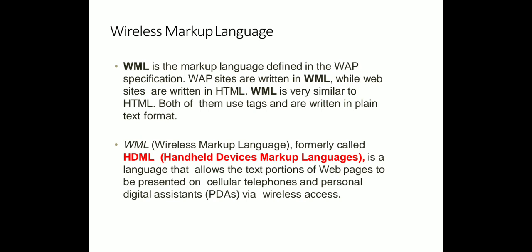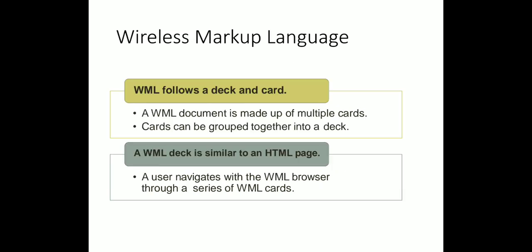So this is the language for handheld devices, right? So the WML name came into existence. WML is a language that allows text portions of web pages to be presented on cellular telephones and personal digital assistants, that is PDAs, via wireless access.